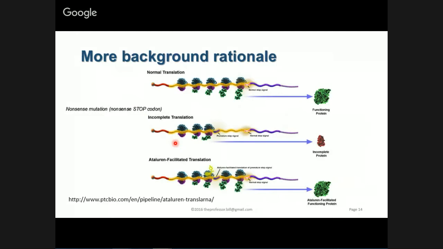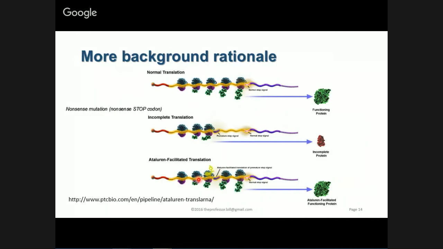So cystic fibrosis, for example, some forms of cystic fibrosis, they have a premature stop codon. They don't form the full transmembrane domain. Same thing in muscular dystrophy. There is that premature stop codon, but if you are given, instead of stopping here at this premature stop site, Adalorin somehow causes the ribosomes to be able to push all the way through.